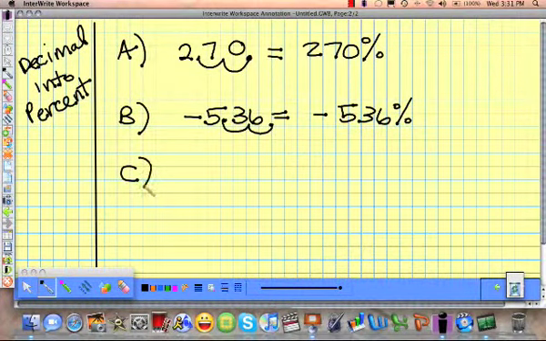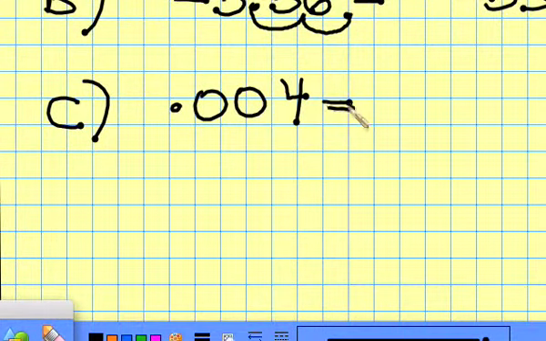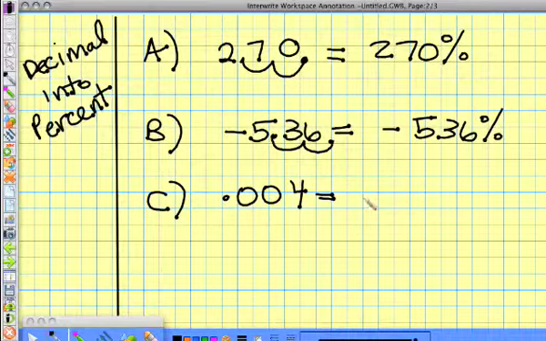Okay, let's go ahead and do number C again on your own. 0.004. Let's see if you can tell me what percent that is going to be. Hit the pause button, work on it, and hit start when you're done. Welcome back. If you got 0.4%, you are correct. Let's go ahead and take a look at how I got 0.4.